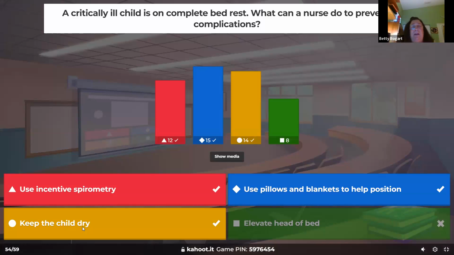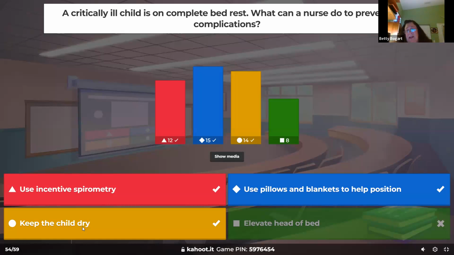What's pretty neat about children and smaller babies, we can prop them with little baby blankets, and we can use their little toys and stuffed animals to put around them, hold the ET tube, all of these things. Always keep that kid dry. Older children, we could put a chuck there and change it or have a bigger diaper if we need to.